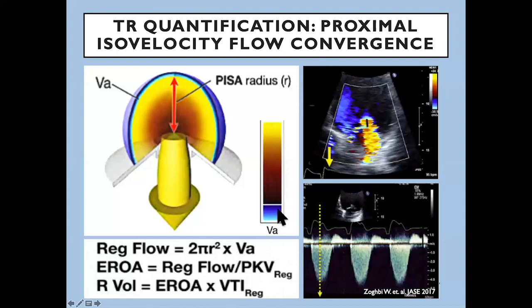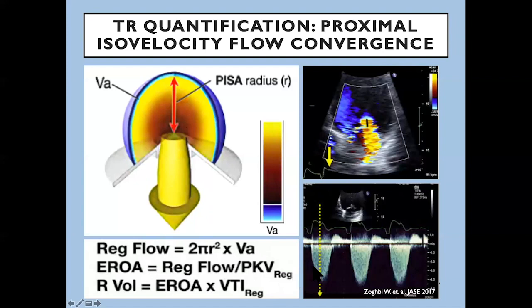So this you do need to know, and I think it will come up again in the lecture on formulas. You use the aliasing velocity, which is the isovelocity that we talked about in the previous slide, and the PISA radius, and to obtain the regurgitant flow, 2 pi r squared multiplied by the aliasing velocity. The effective regurgitant orifice area then is the regurgitant flow divided by the peak regurgitant velocity.